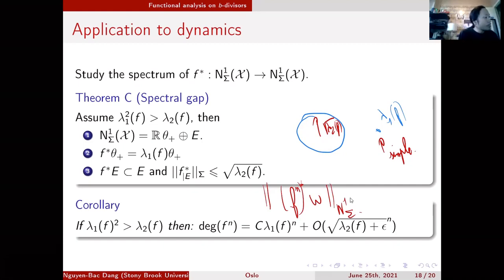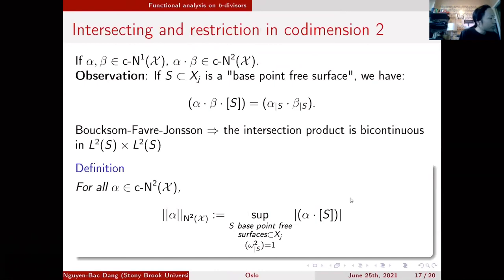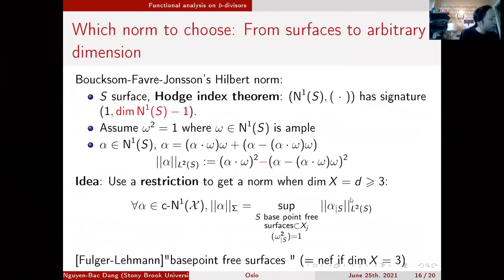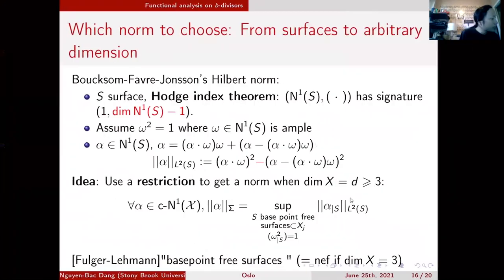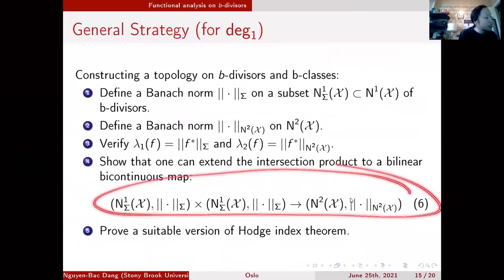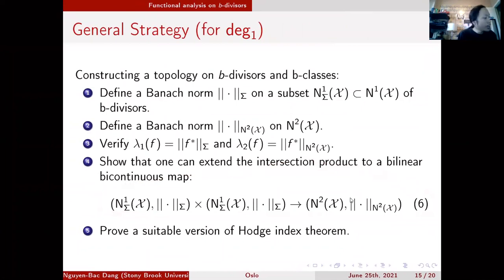So once you have the norm, then you have to study the spectrum of f star. And what I said is that formally, once you have the intersection product between N1 sigma and N1, you have an intersection product and the Hodge index theorem.